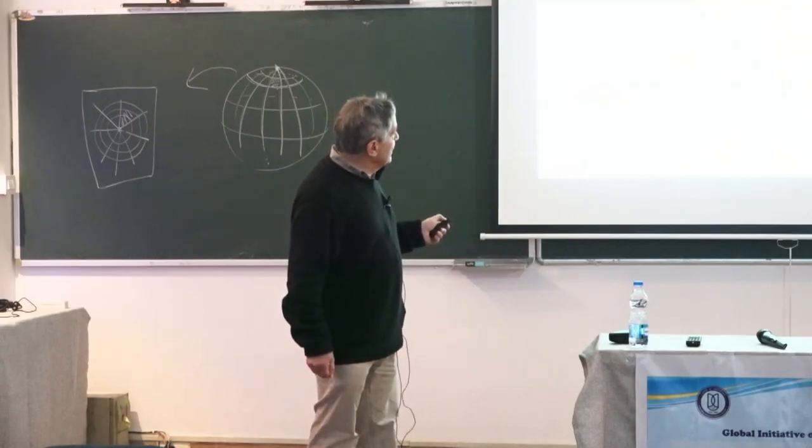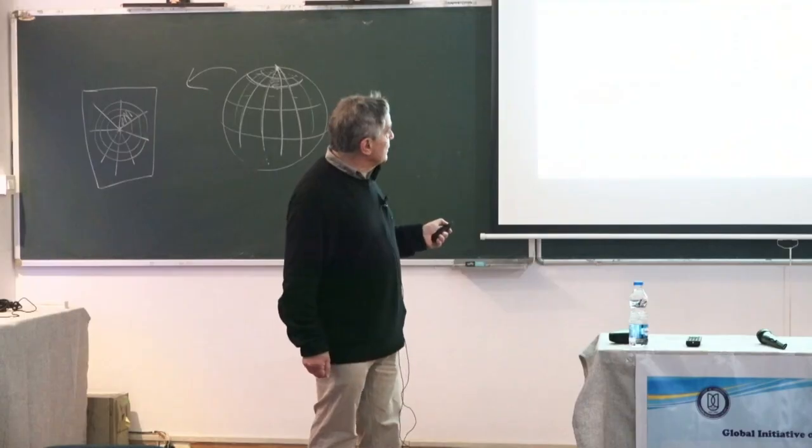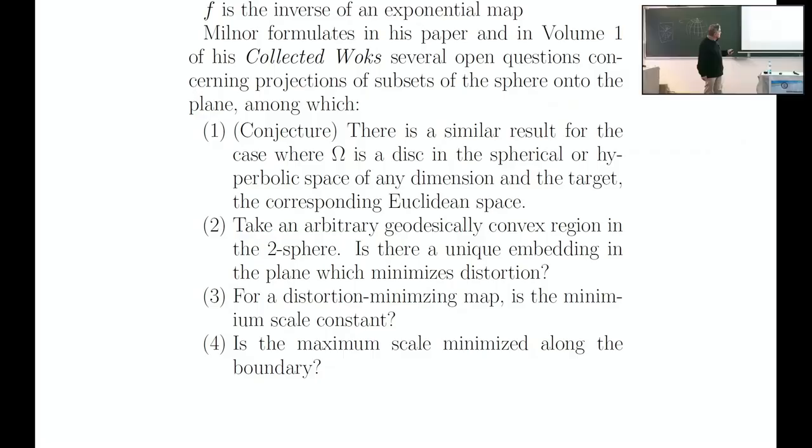Okay, so he thinks that there's a similar result for the case where omega is a disk in the spherical or hyperbolic space of any dimension. In fact, even in the hyperbolic space of dimension 2, the smallest hyperbolic space, it is not known whether there is a geographical map which has all the properties we stated.